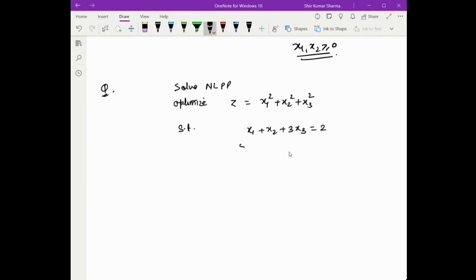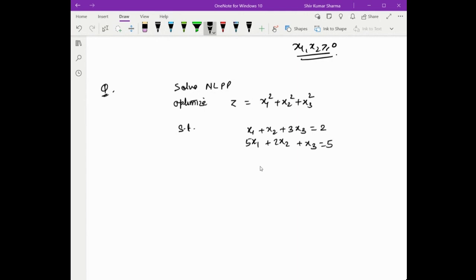to 2, and 5x1 plus 2x2 plus x3 is equal to 5. The first constraint is x1 plus x2 plus 3x3 equal to 2, and the second equation is 5x1 plus 2x2 plus x3 is equal to 5.